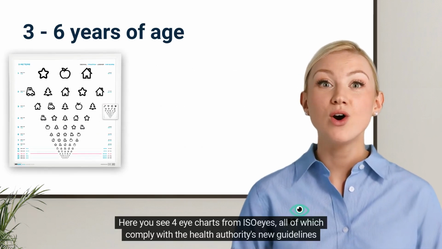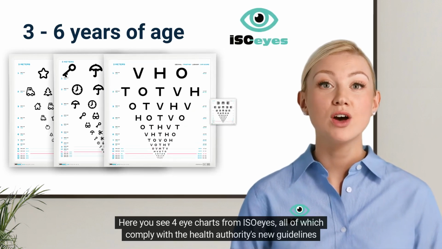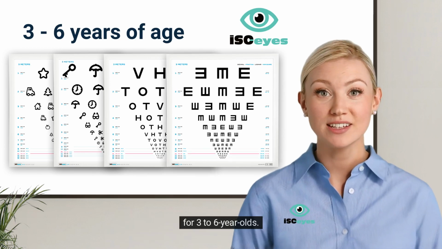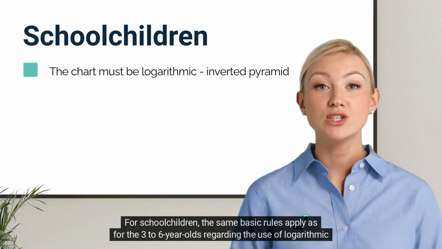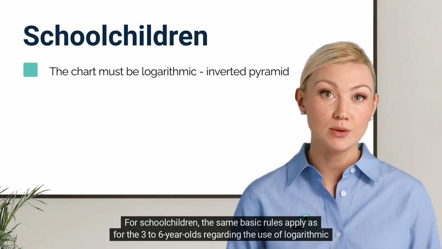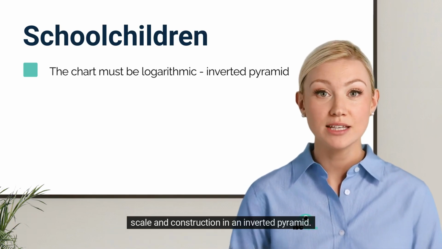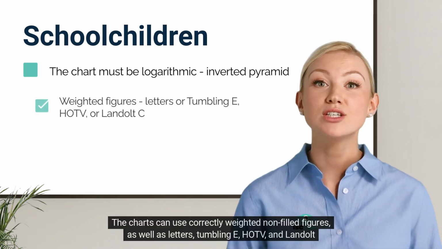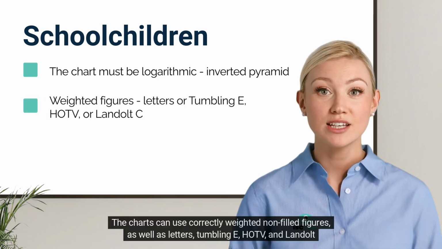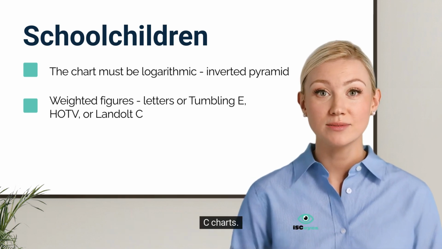Here you see 4 eye charts from ISOeyes, all of which comply with the health authority's new guidelines for 3 to 6-year-olds. For school children, the same basic rules apply as for the 3 to 6-year-olds regarding the use of logarithmic scale and construction in an inverted pyramid. The charts can use correctly weighted non-filled figures as well as letters, tumbling E, HOTV and Landolt-C charts.